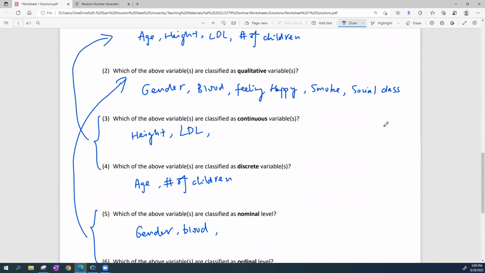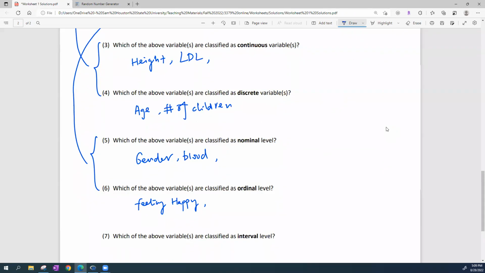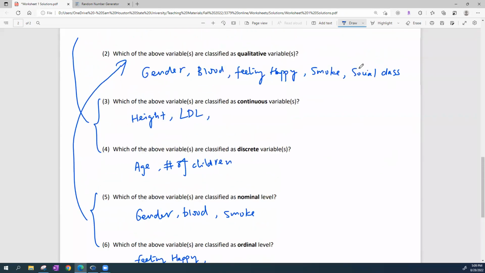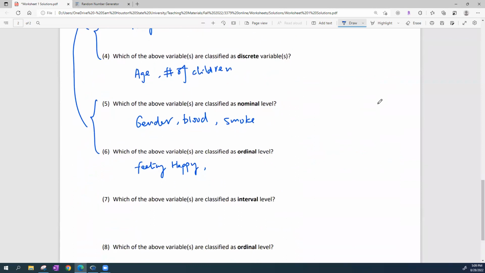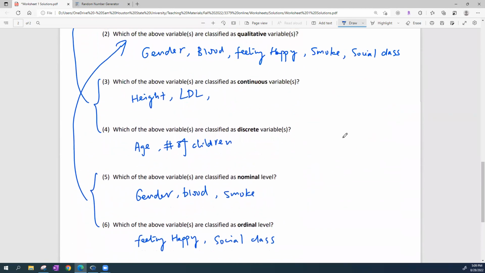And then the next one, smoke, yes or no? No order. And social class, 1, 2, 3, 4. So there's an order. So that's ordinal. Okay, that's question 5 and 6.